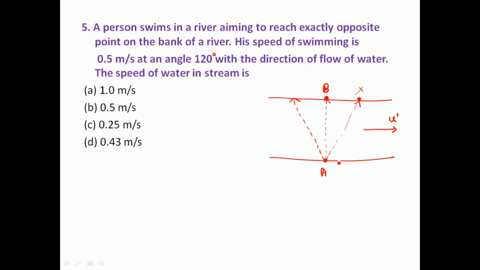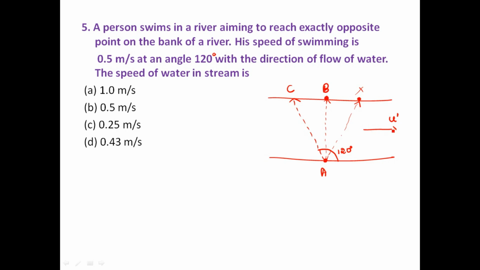He swims by making an angle of 120 degree with the direction of flow of water. He swims towards C so that he can reach B, because the water is also flowing.